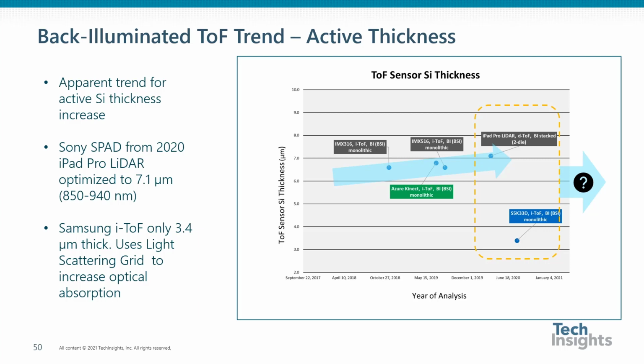Here we show the back illuminated time-of-flight trend for active silicon thickness. While only a few data points are shown, there is an apparent trend for active silicon thickness to increase, shown here for Sony and Microsoft sensors.